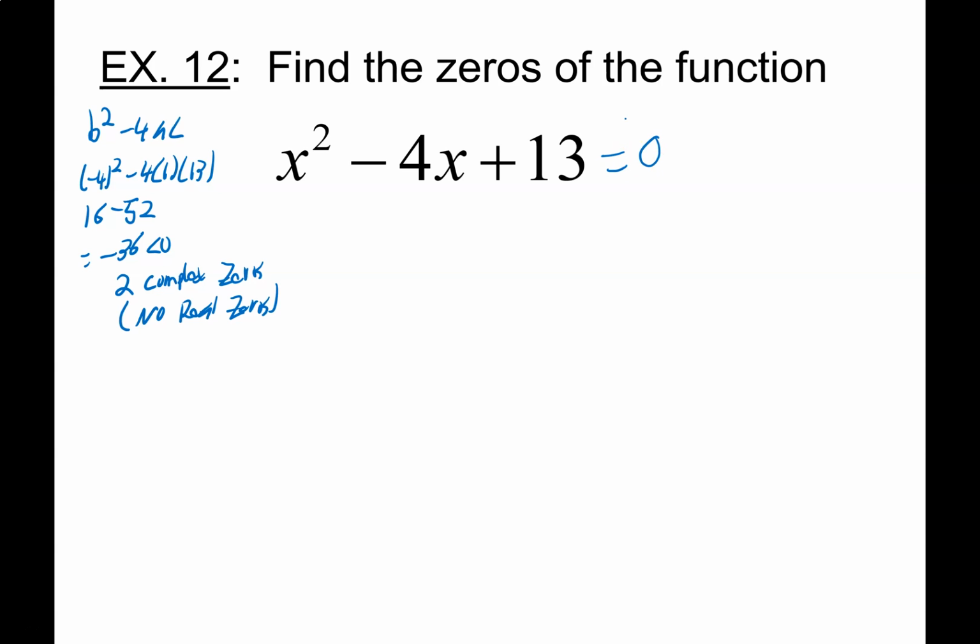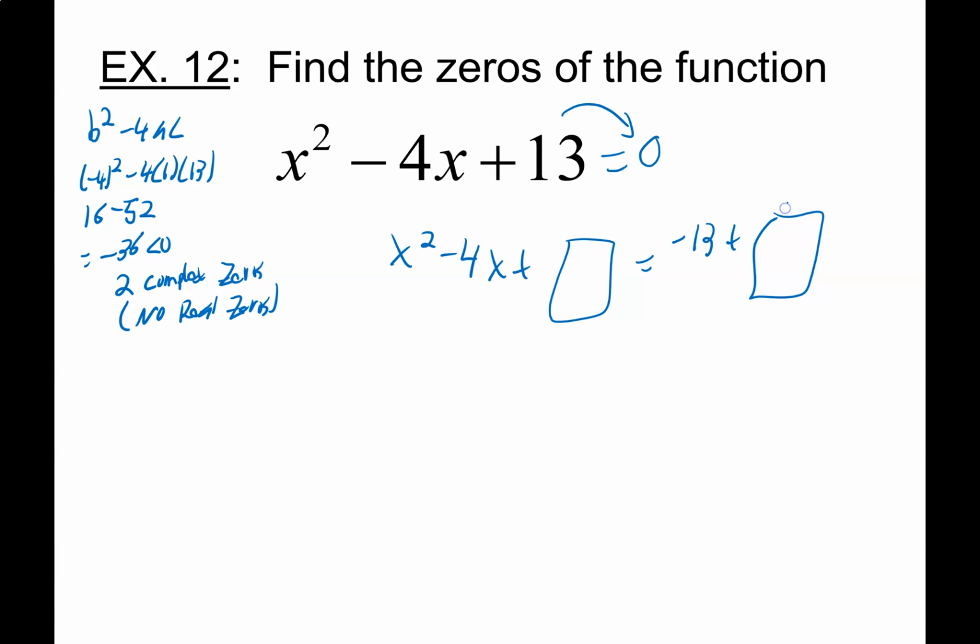But rather than saying it's undefined, let's solve. You can do quadratic form if you want. I'm going to do completing the square on this just because I think it's probably the one that maybe you guys need the most practice on. I'm going to move the 13 over, so that's negative 13 plus the box. So then, how do I find what goes in the box?